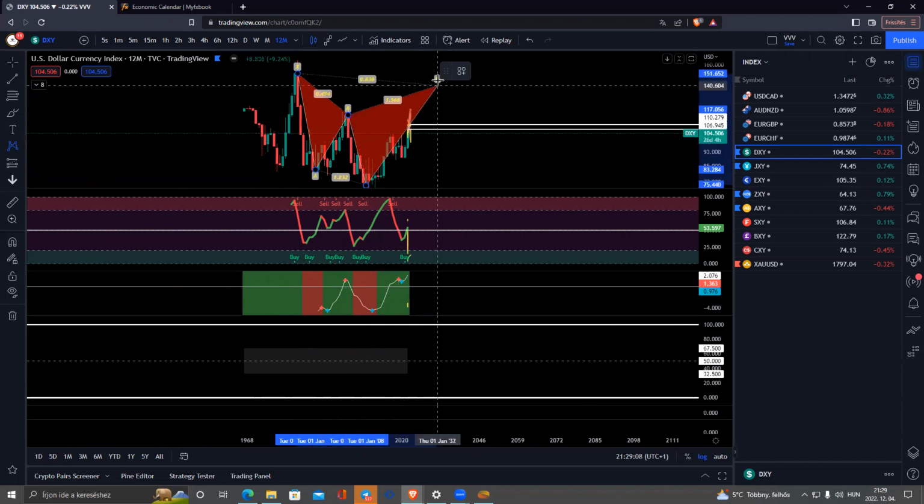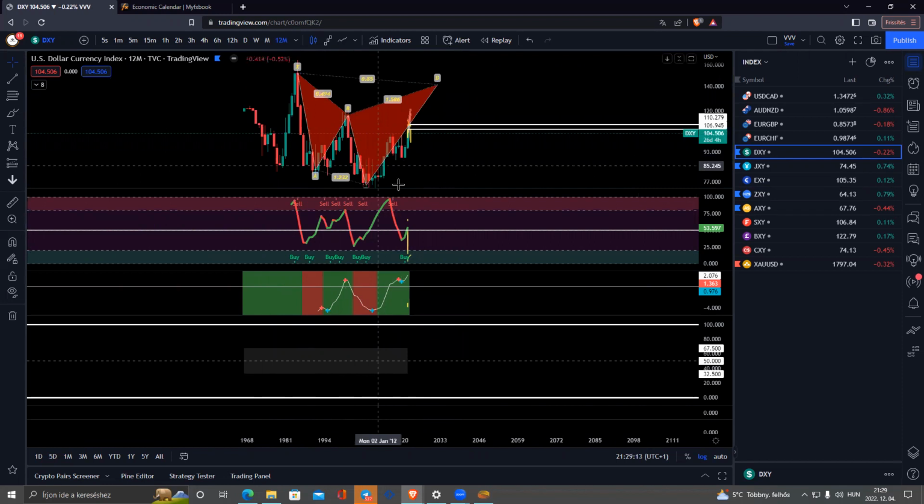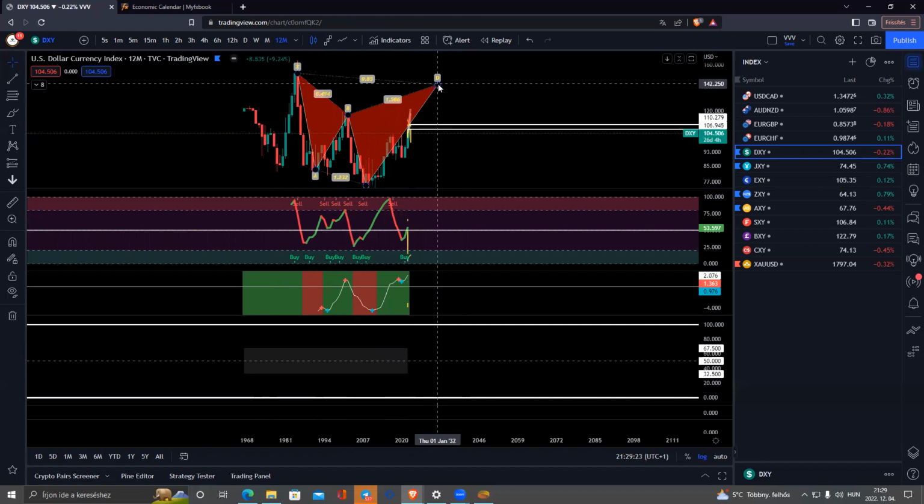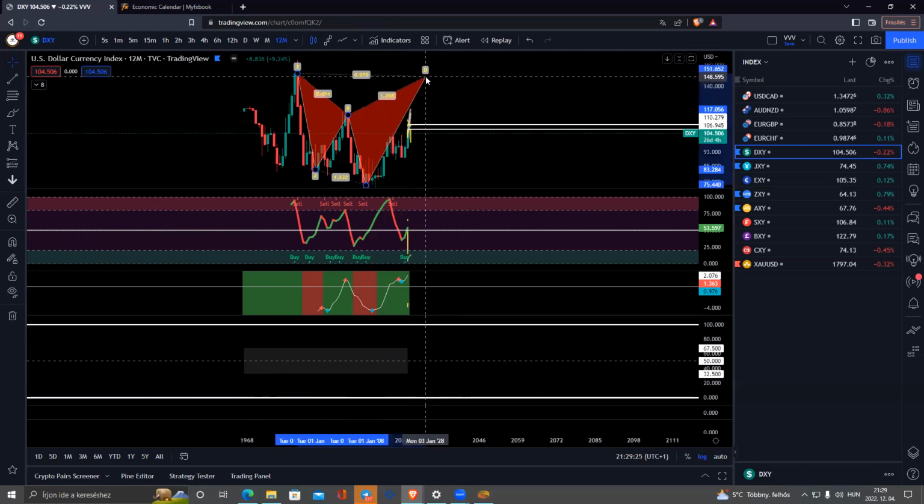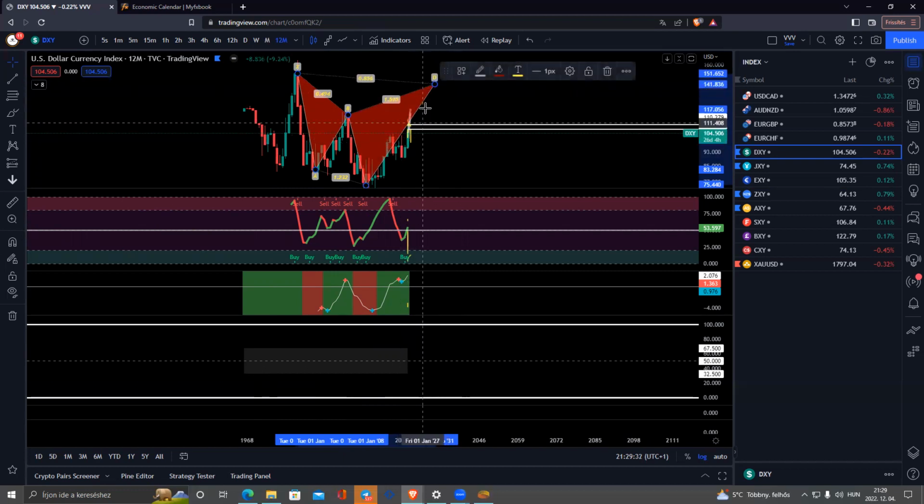Back in the time, it looks like something like this. I think this is the bat. And if it's like this, the butterfly. I think the bat. Okay, so there is still a potential movement for this.